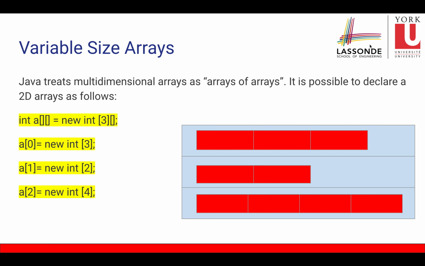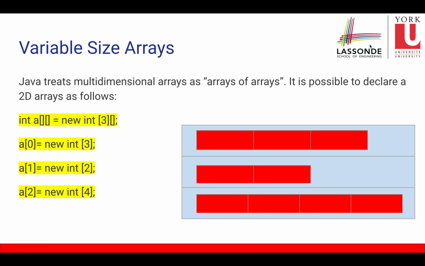We declare and allocate memory for 2D arrays, but we only specify the size for the first array dimension. It's 3 elements. And for the second dimension, we allocate memory for them one by one, using different sizes.